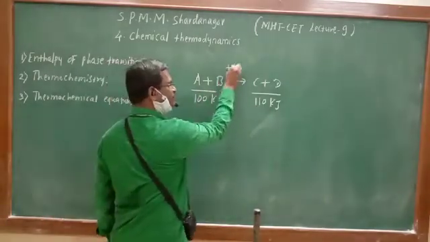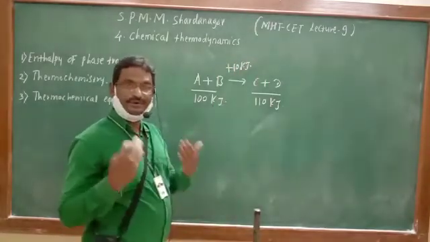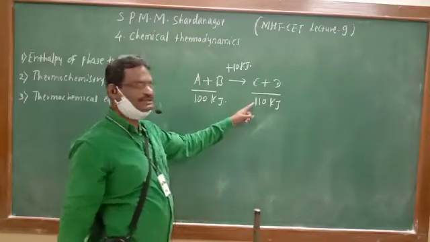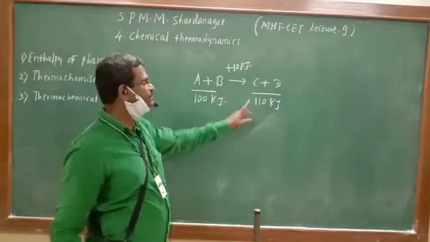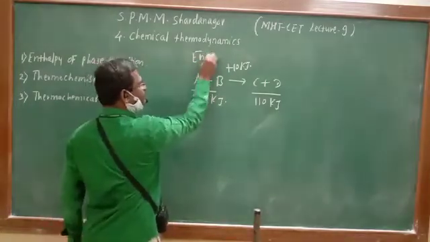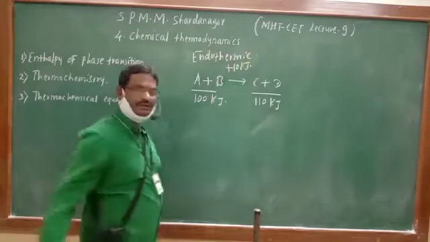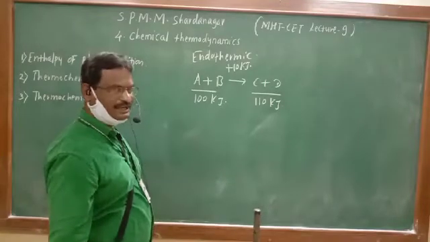How much? Plus 10 kilojoule. Absorption of energy takes place. This type of reaction is known as an endothermic chemical reaction. The reaction which takes place with absorption of heat is known as an endothermic chemical reaction.